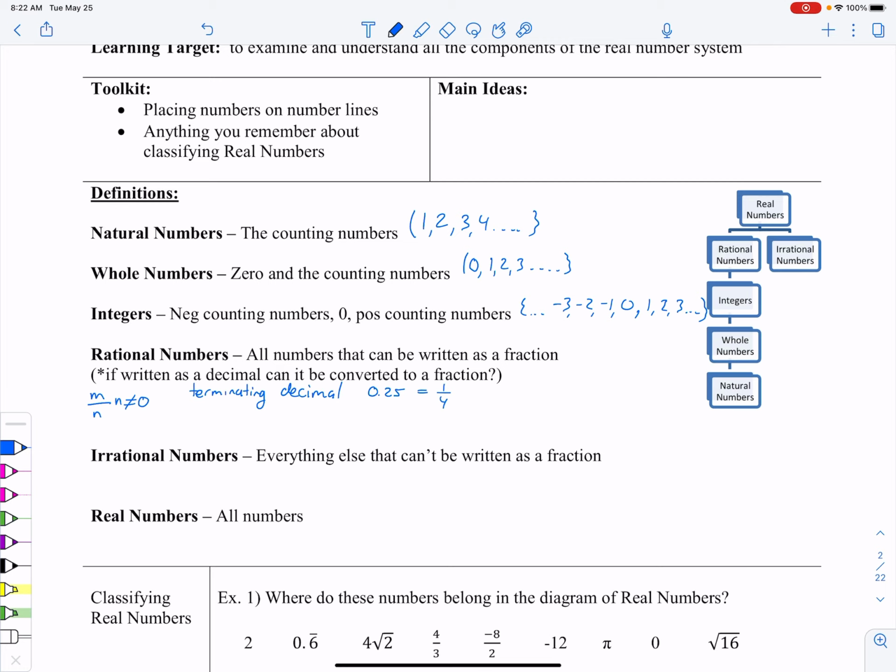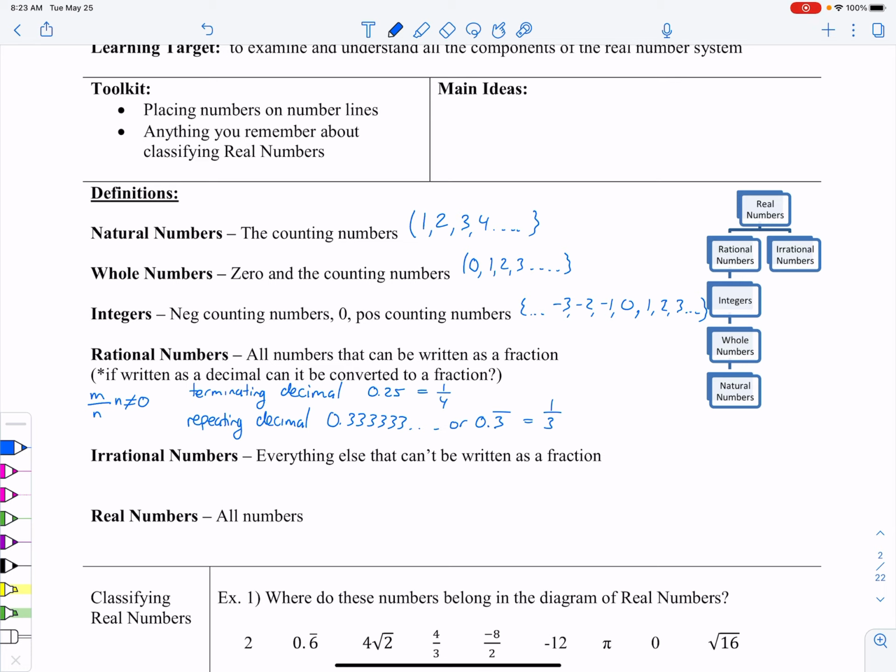And also a repeating decimal. So for example, 0.3333333. You can put the bar on top, meaning it repeats, and this can be changed into a fraction, 1 over 3.